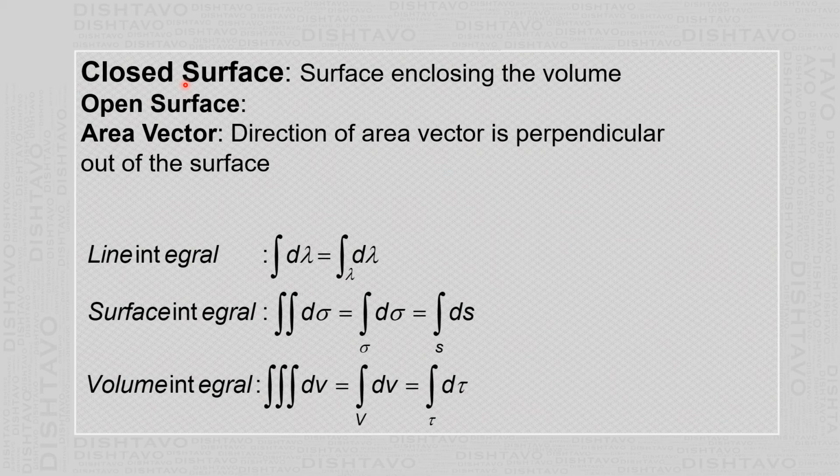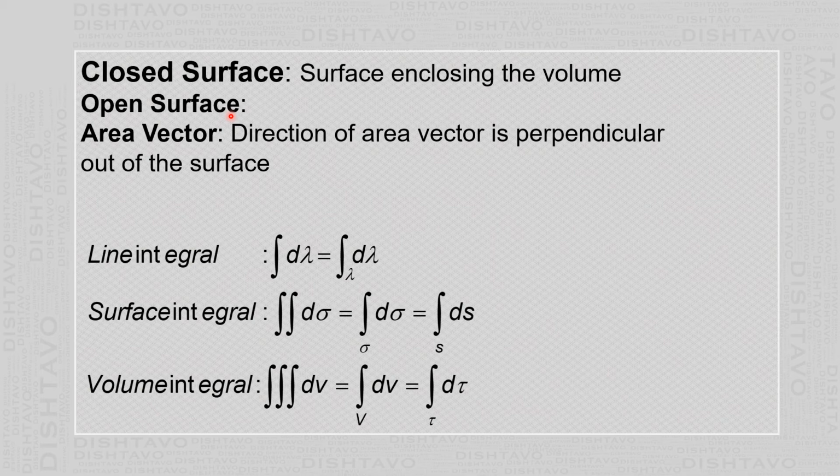A cube, its surface is a closed surface because inside there is a volume. In the open surface, the surface does not enclose any volume. Example, a single sheet of paper is an open surface.